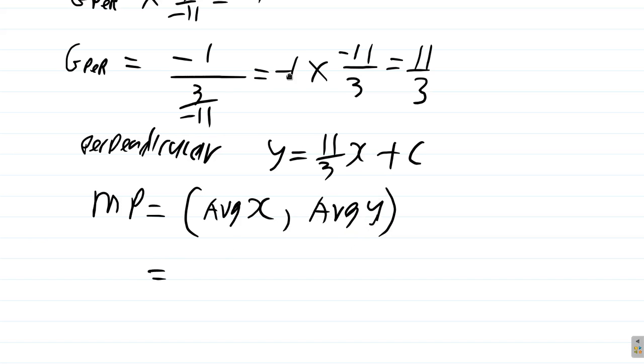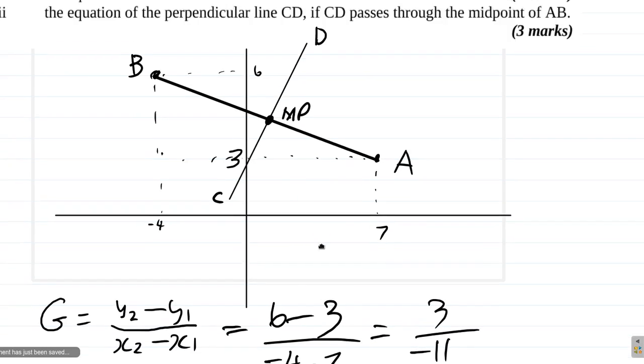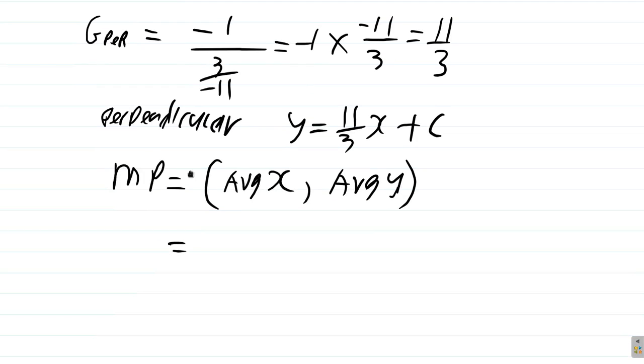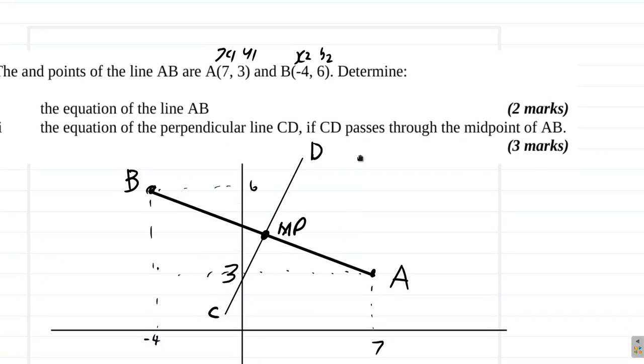So in this case, the two x's are -4 and 7. Alright? So you add them and divide by 2. So 7 plus -4 over 2 for the x, and then for the y, the two y's you have are 6 and 3.